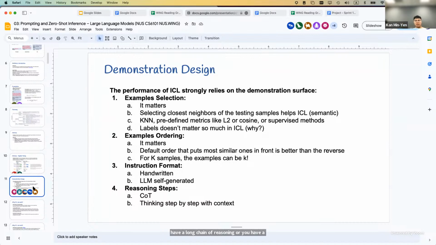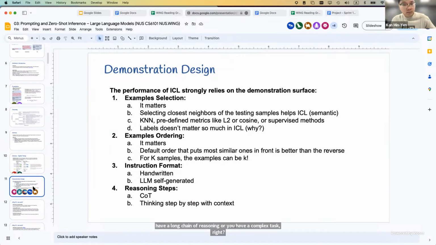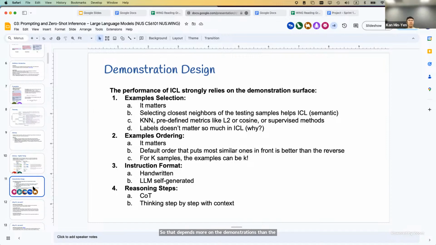So that depends more on the demonstrations than the final label. If you have a complex task, maybe the demonstration matters more than the label. But if the task is actually very simple, the labels play a large part, maybe then the labels may play more of a role.